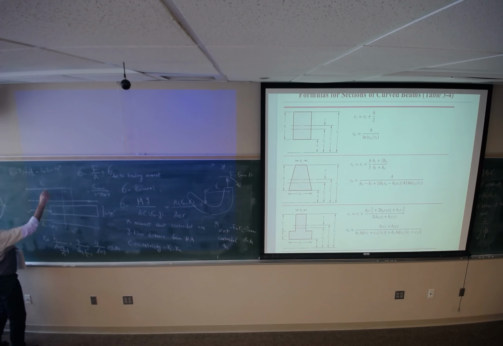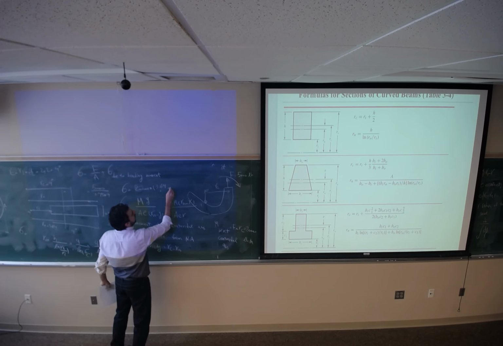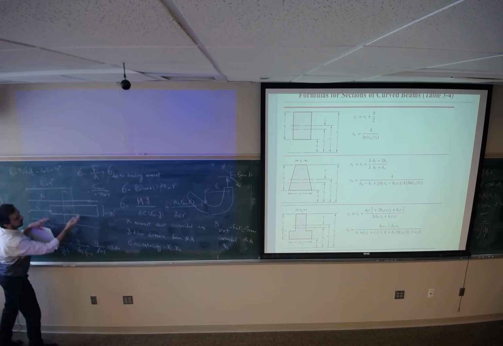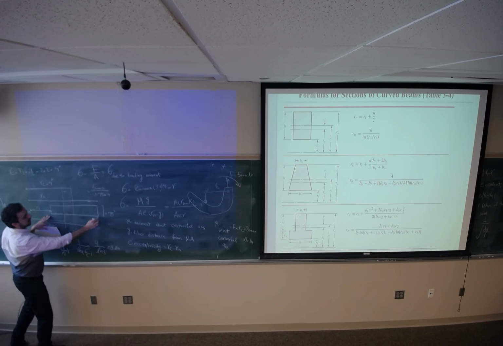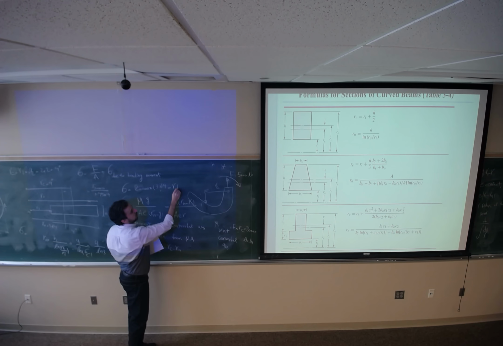This Rc is 4 inch, so Rn is before Rc. So 3.64 minus R, because I would like to find the stress distribution. I leave R as a variable because it's varying from 2 inch to 6 inch. I didn't specify any point.